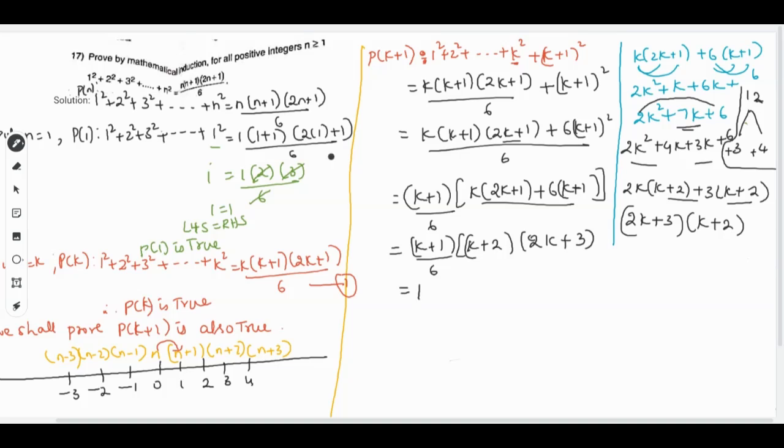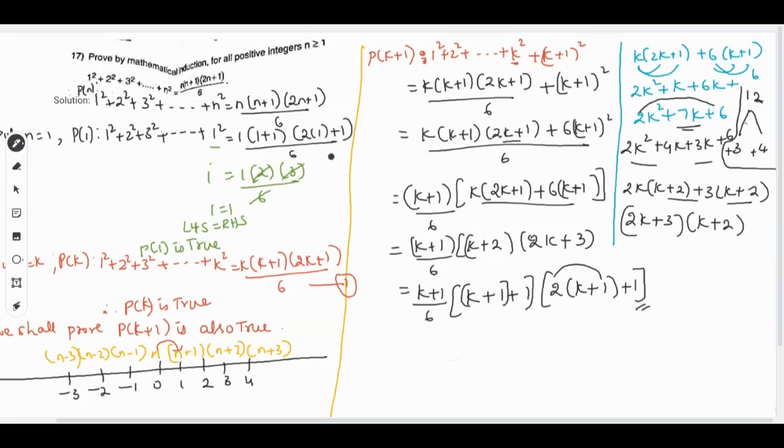Now k plus 1 by 6 into k plus 1 plus 1. 2 can be written as 1 plus 1. Then k plus 2 means 2 into k plus 1. I have here 3. 2 ones are 2. Then remaining is 1, so it will be plus 1. So 2 into k is 2k, 2 into 1 is 2 plus 1 is 3.